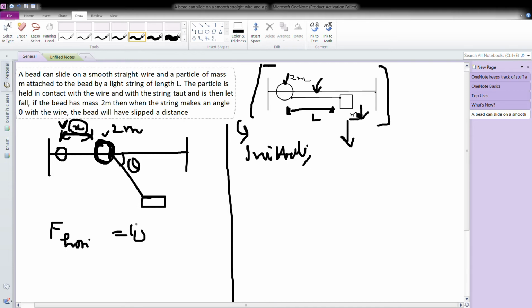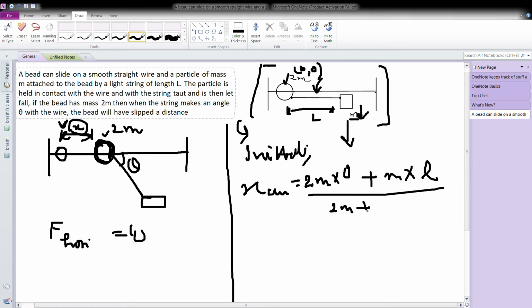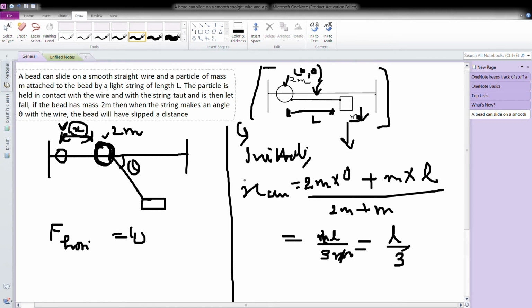So if we find the center of mass along x direction, for 2m it will be 2m into 0, taking this as the origin, plus m into L, since it is L distance from the origin, divided by the masses, 2m plus m, which is mL divided by 3m. The m cancels and we get L by 3. Okay, we are sorted for the initial position.